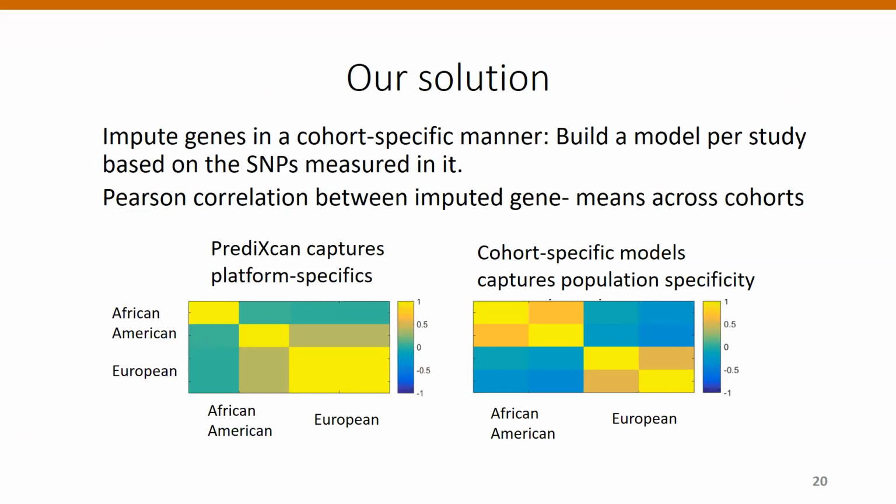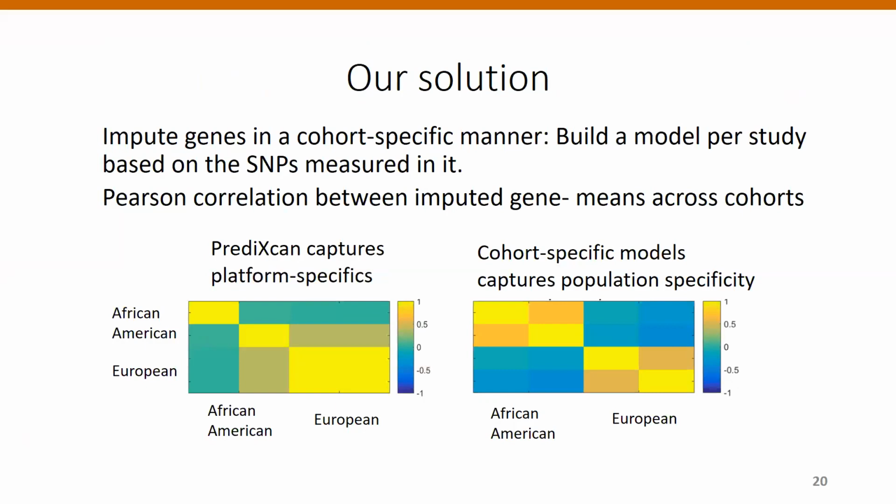By platform specific, I mean that on the left side, the African American cohort which was used for training is very different from the African American cohort that was used for validation, which in turn is more similar to European cohorts. That is because the African American training was exome sequencing, while the others were SNP array genotyping.